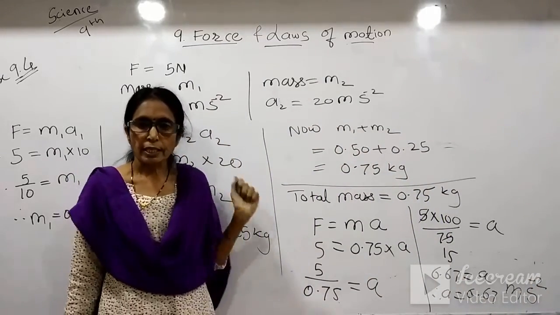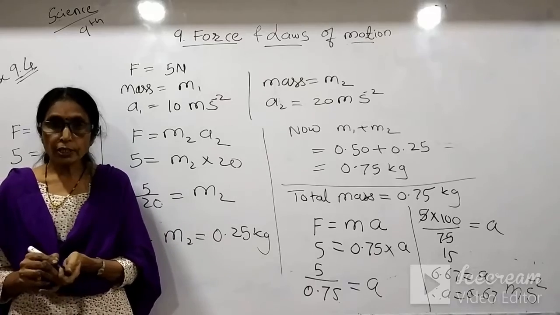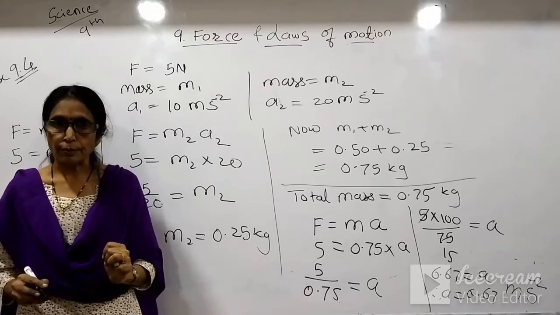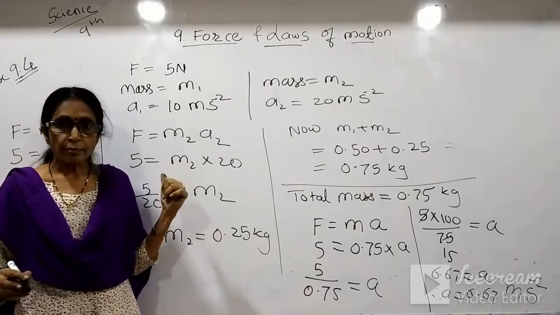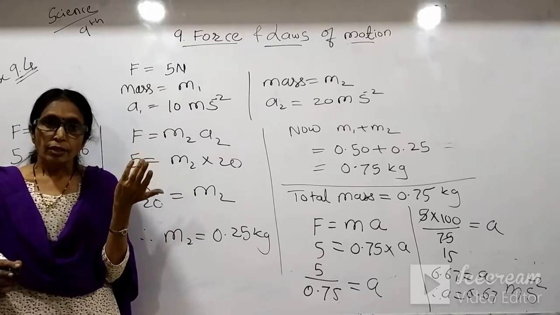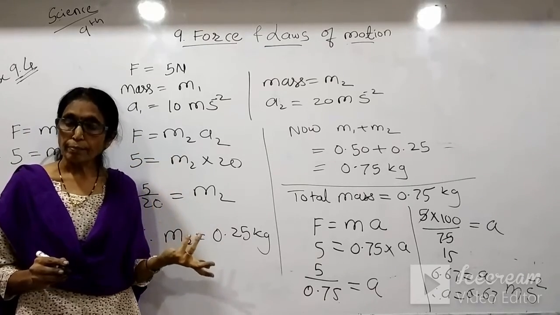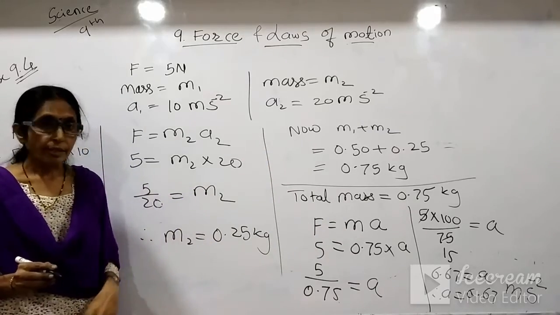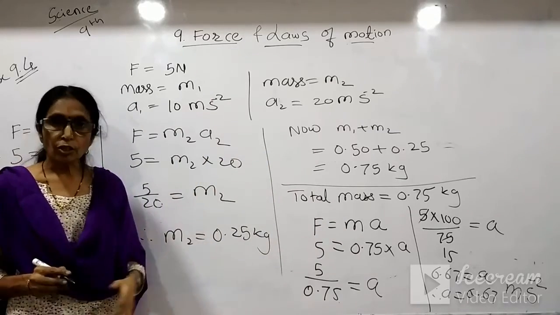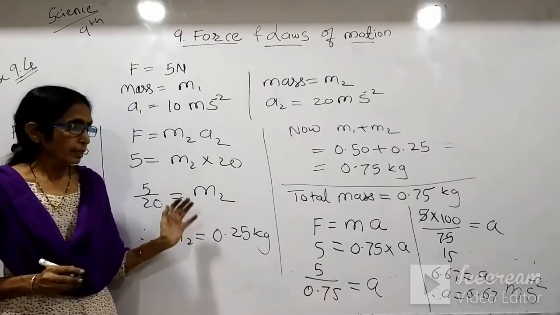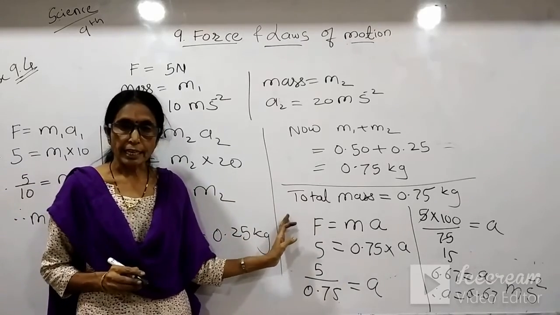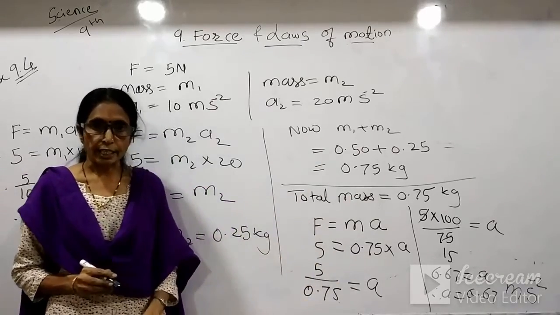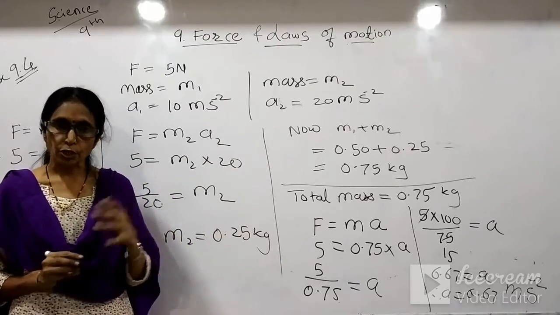So students, here we have used this formula 3 times. The first time we found out the mass m1. The second time we found out the value of m2. Then the masses are added and we have to find the acceleration in the third situation.